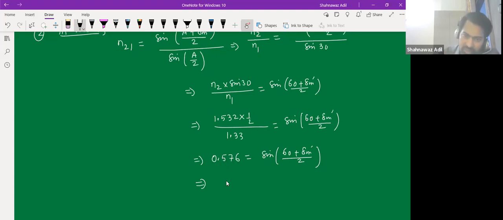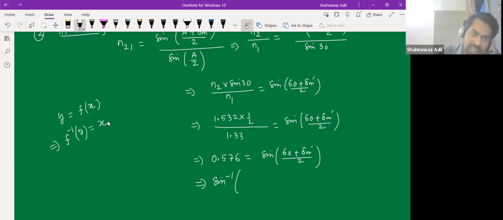0.576 by sine? No, no, no. This is not multiplication. This is sine inverse, right? This is an inverse function. If y is equal to f of x, a function of x, and I want to take this function to the left hand side, this would be f inverse of y, and this would be x.